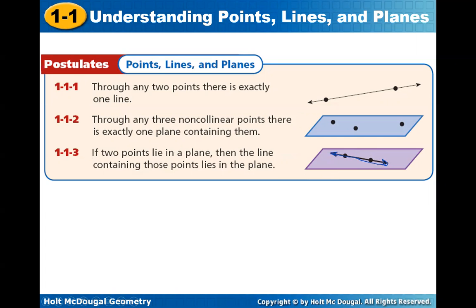If I have a different line intersecting this plane, looking like that, intersecting right here, this is not lying on the plane. This is intersecting the plane. That is something very different that we'll be getting into a little later.